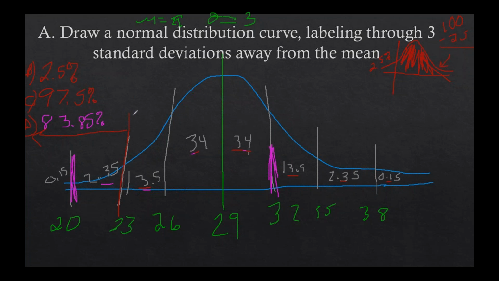And then letter E, the wording changed ever so slightly. How likely is it that a car gets more than 38 miles per gallon? Well, here's 38. Which way are we looking if we're talking about more than 38? To the right. So we look to the right, and your probability is 0.15%.